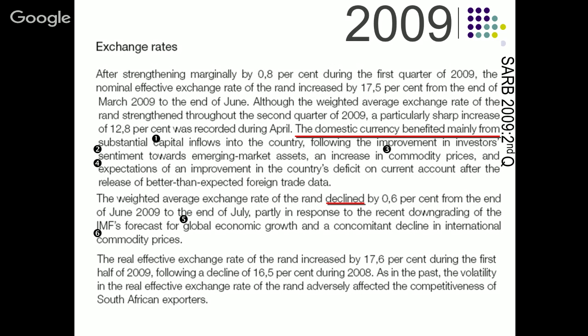Right. Then thirdly, changes in commodity prices. Do I see it occurring again and again and again? Yeah. 4, expectations on the improvement in the country's, South Africa's, deficit on the current account after the release of better than expected foreign trade data.